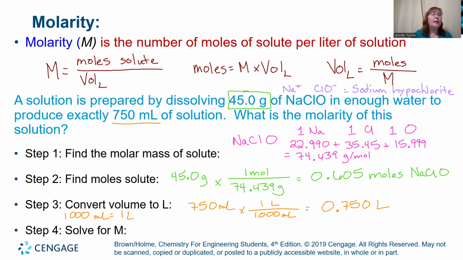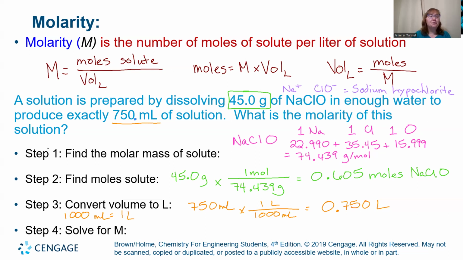And I'm going to add a decimal point right there. You wouldn't normally do that in a problem, but that way we'll have 3 significant figures off of that one as well.